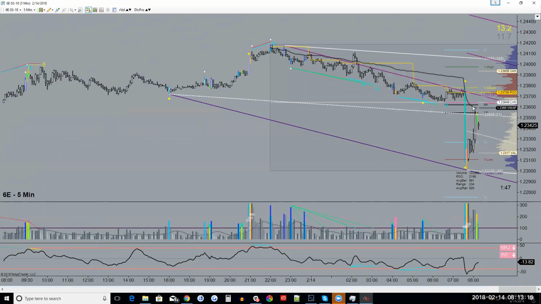Yeah. Pretty close to the VWAP of that move as well. That swing.